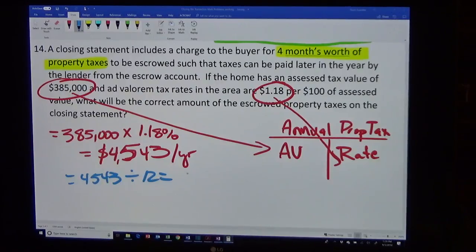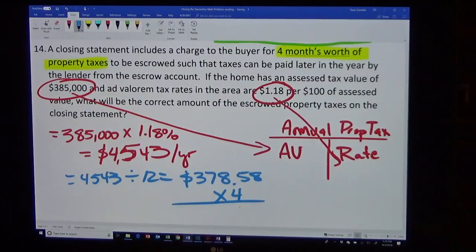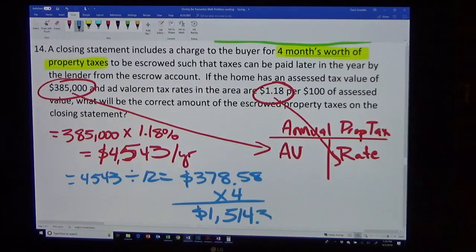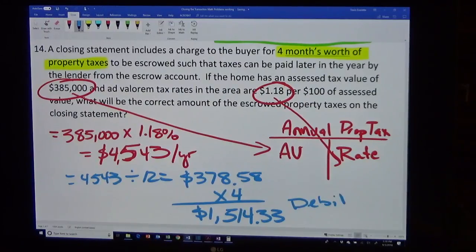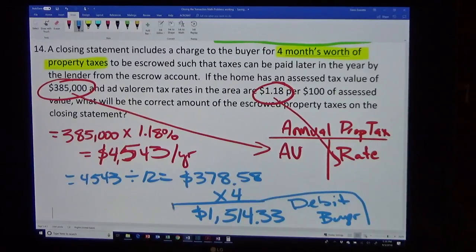And that is $378.58 times 4 months. And that is $1,514.33. And because it's the buyer's property tax escrows, that's going to be debit the buyer. Remember, on a closing statement type question, you always need to know who you're debiting or who you're crediting. In this case, it's going to be debit the buyer.